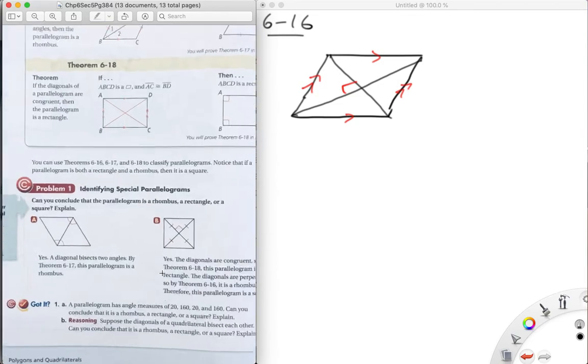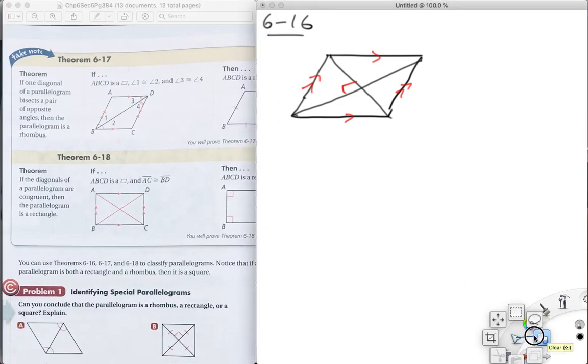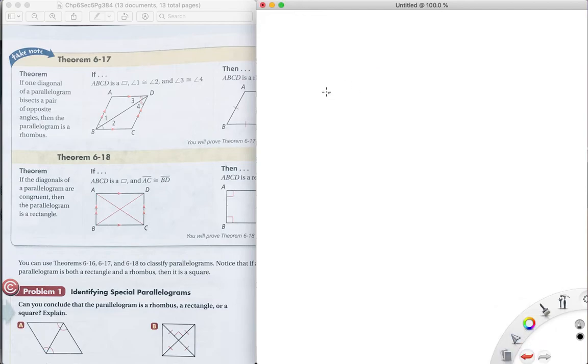Theorem 6.17 says if the diagonals bisect each other, or one diagonal bisects an opposite pair, then we have a rhombus.